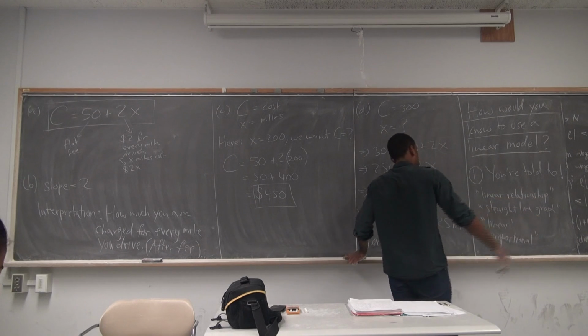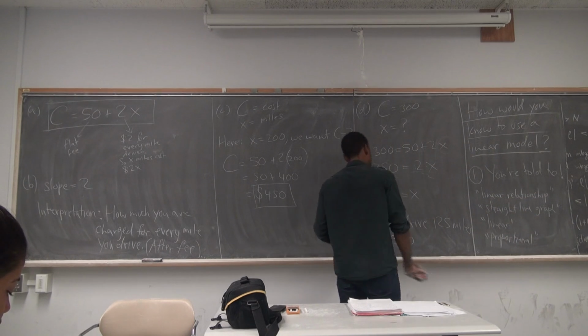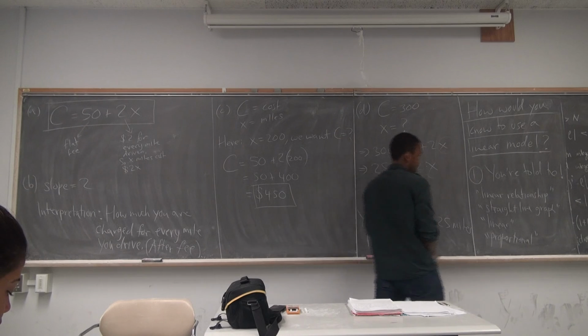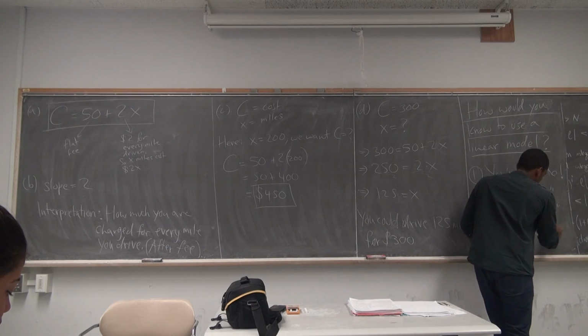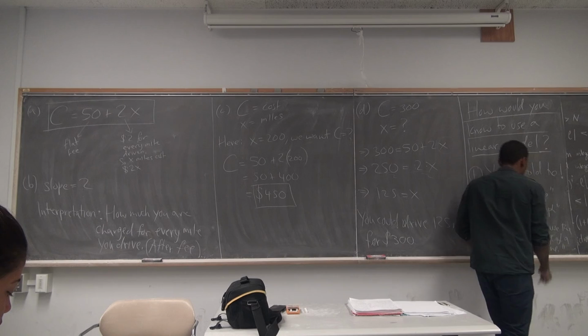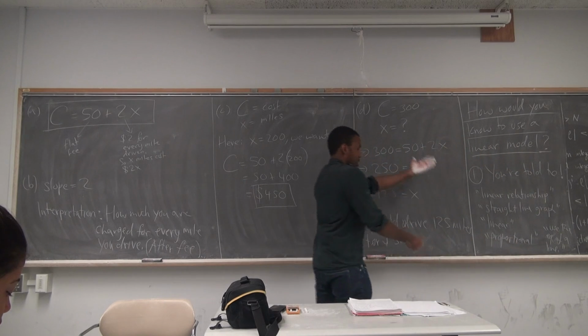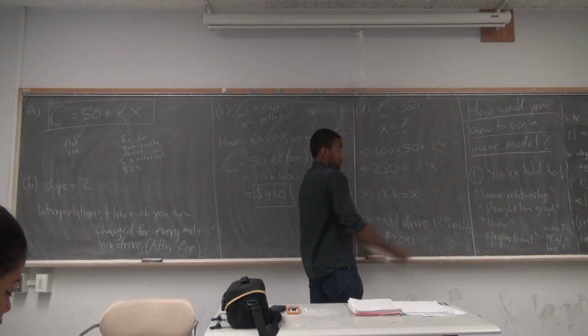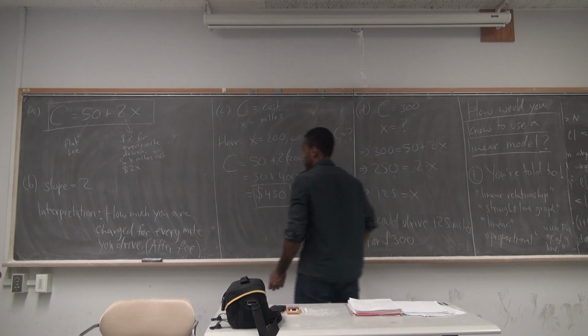So I can mention linear relationship, or it's a straight line graph, or it's linear, or use the equation of a line. So that's one way to know that you have to use the equation of a line somehow, is if they tell you that you're supposed to use the equation of a line.